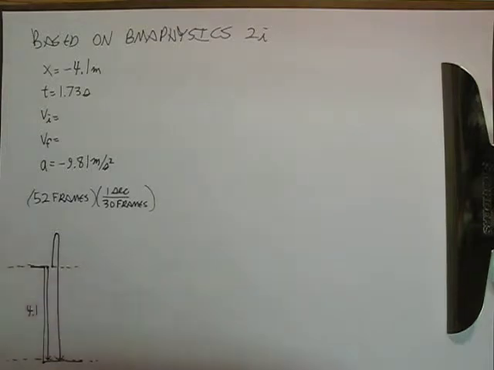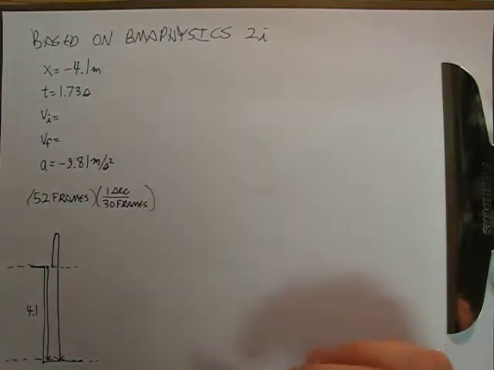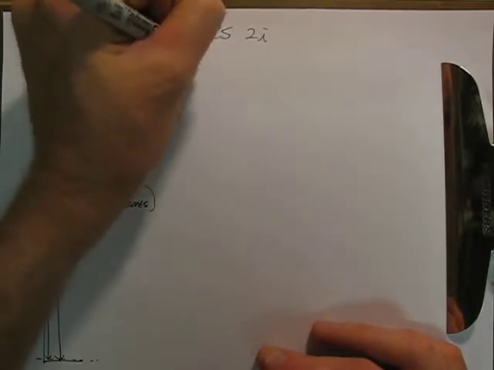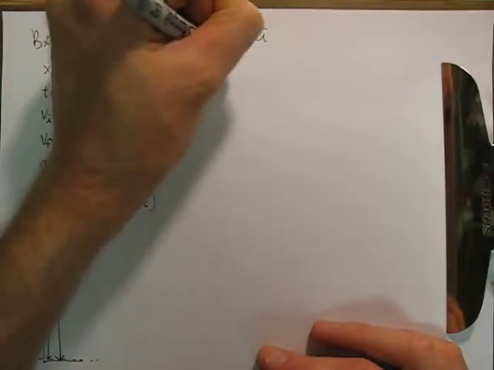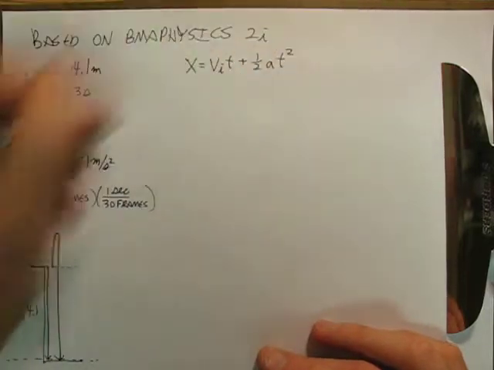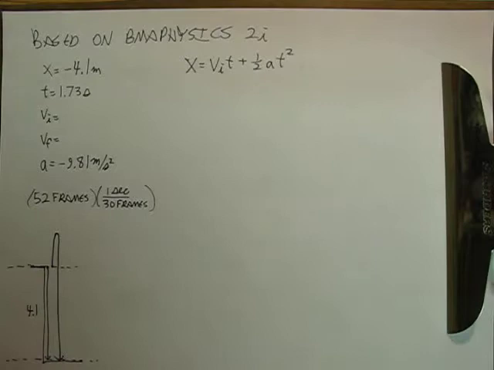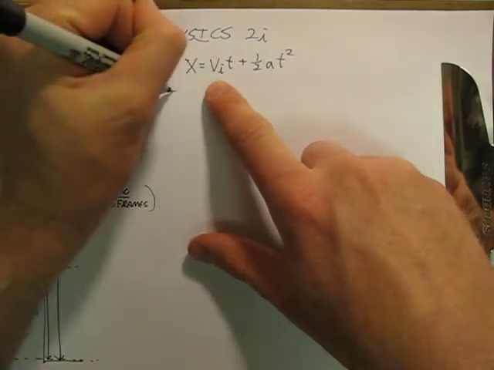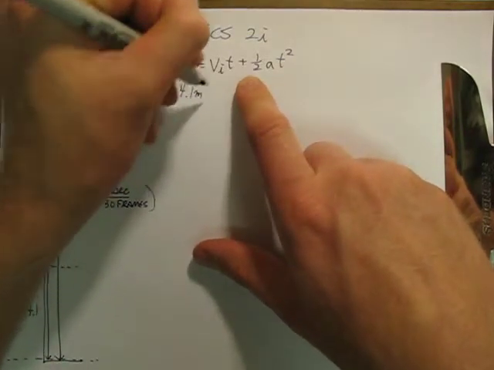So let's figure out what equation we're going to use, and I'm going to jump right to it. It's going to be this one: X equals VI T plus 1/2 A T squared. Now we have X is negative 4.1 meters.